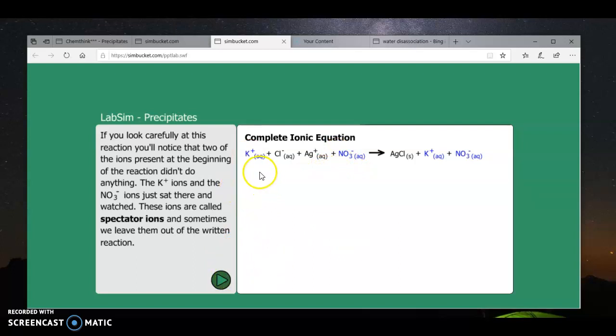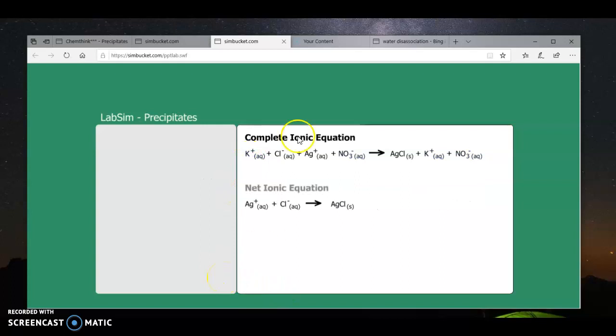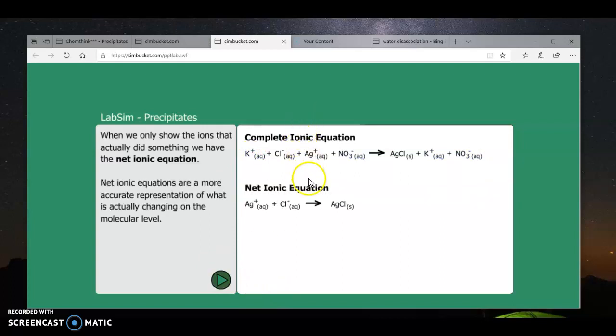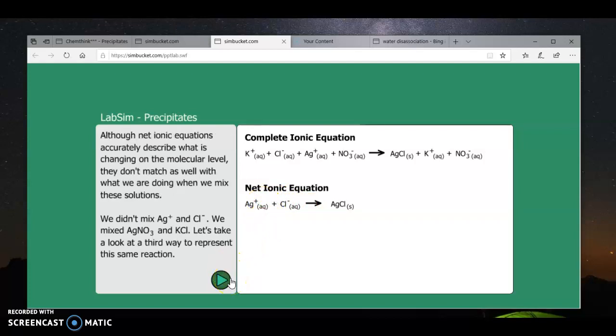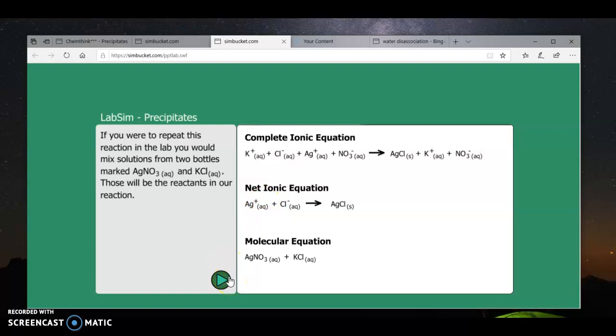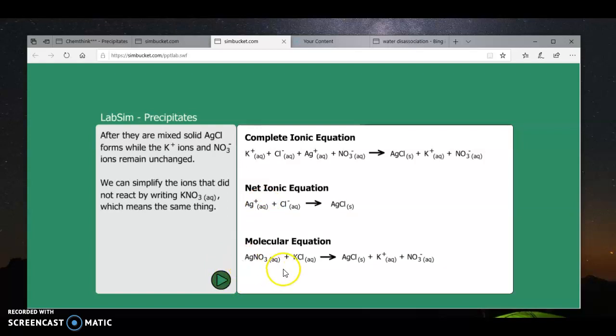They're called spectator ions. If we get rid of spectator ions, we can write a reaction called the net ionic equation. The net ionic equation tells me which ions change over the course of the reaction. And then finally, we have the molecular equation that gives me an overall summary of everything that's going on.